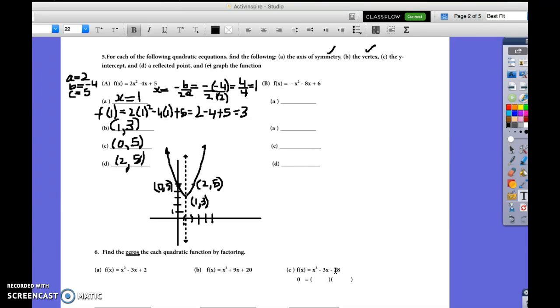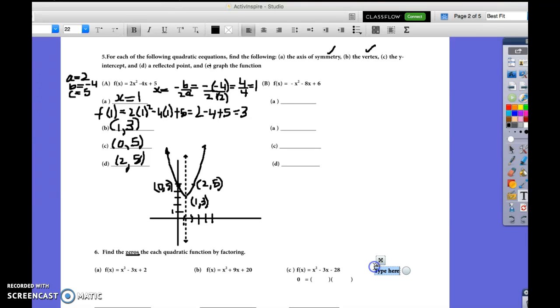Again, 2 numbers multiplied together to give you negative 28. Now, think about it. If you're multiplying 2 numbers together to get a negative, 1 must be positive and the other must be negative, right? And then when you put them together by addition, you get negative 3. So you might be saying, oh, 7 and 4. Yes, but one has to be positive.